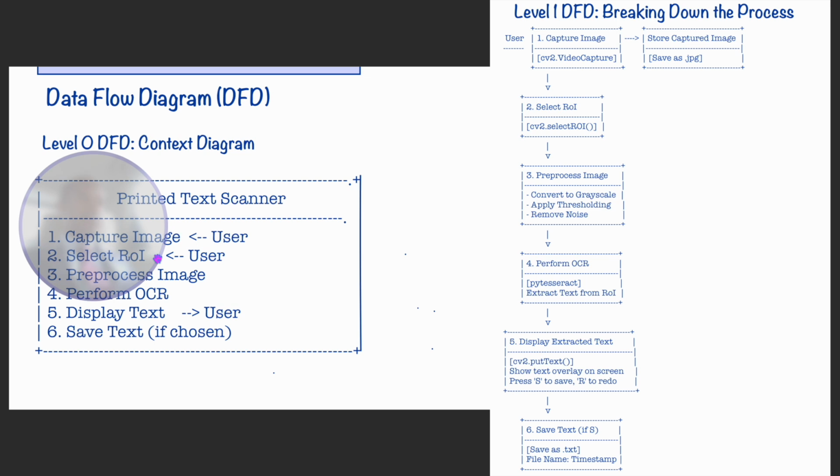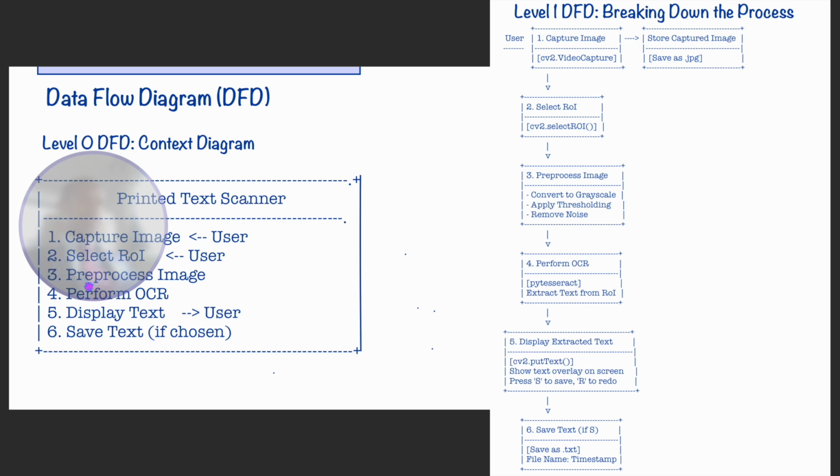The context diagram tells what the project does generally. The project does 6 things. It captures an image, and that's the input from a user. It selects the ROI or region of interest, and this is also the input from a user.